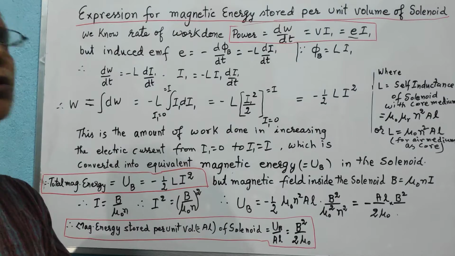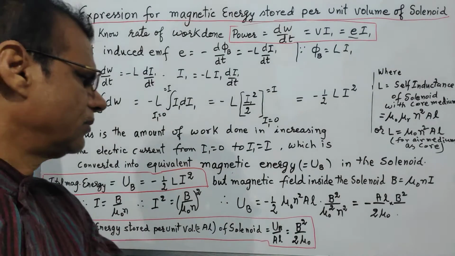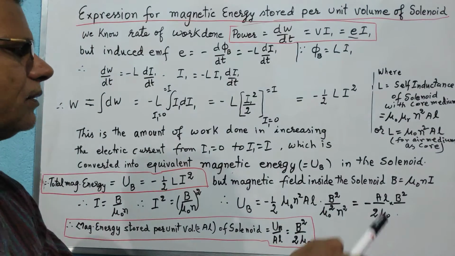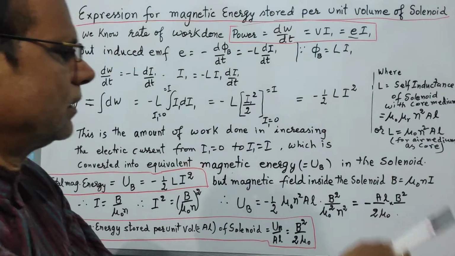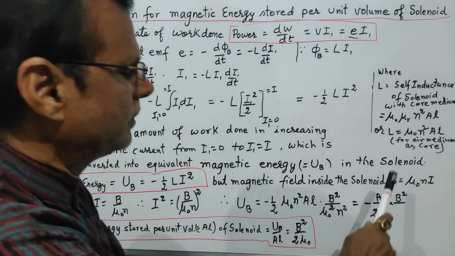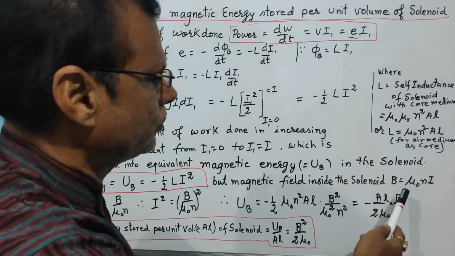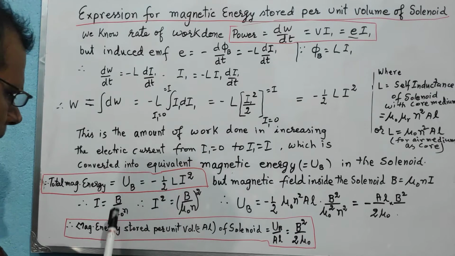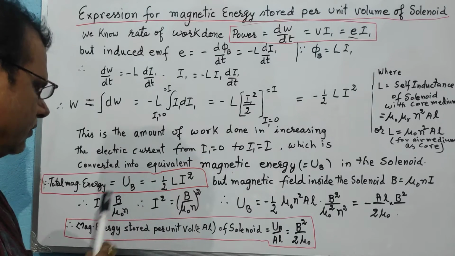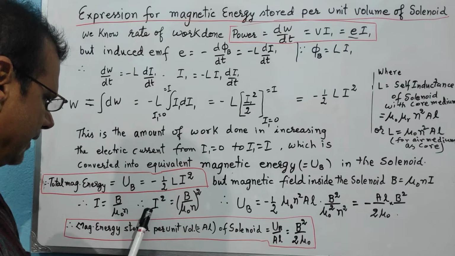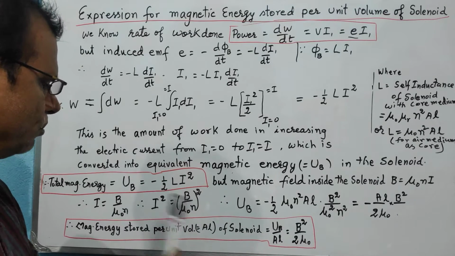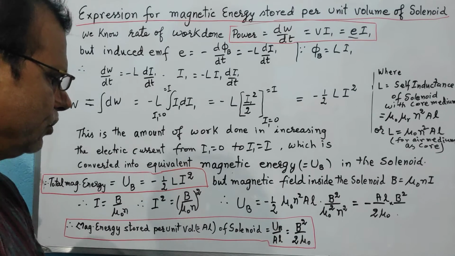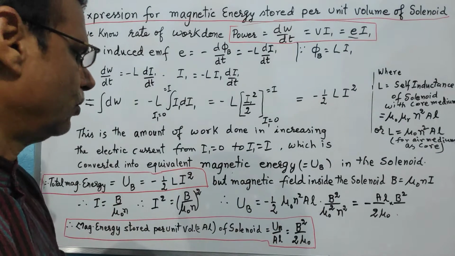Here we are taking the case of an air core. So for B we have mu 0 N I, and from this relation I equals B by mu 0 N. If we want to find I square, we square both sides, so I square is equal to (B divided by mu 0 N) whole square.